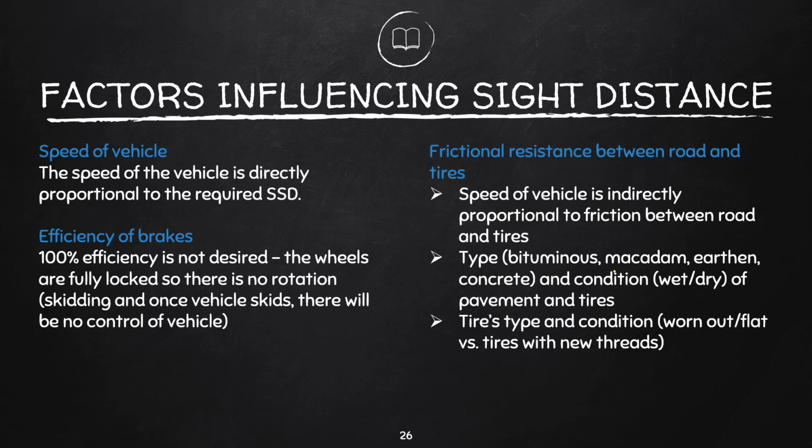Of course, a new tire with new treads will have a more efficient or greater friction coefficient as compared with those that are already worn out or flat. Brake efficiency is considered to be 0.35 to 0.40 depending on the speed. Of course, if the speed is higher, then the efficiency will be lower.